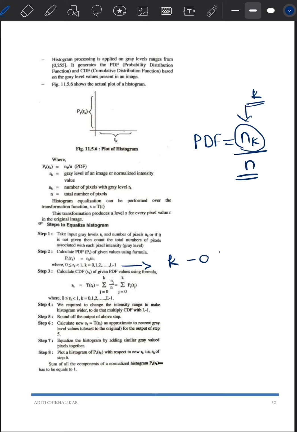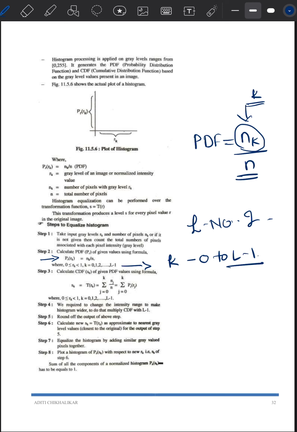K is between 0 to L minus 1, where L is the number of intensities. Okay, so what we do is, we take an input gray level Rk and we calculate the number of pixels Nk. And once we have it for every gray level, we calculate the PDF in second step.